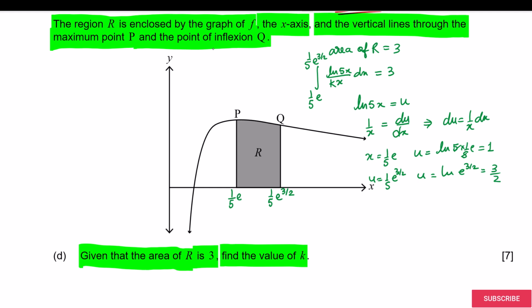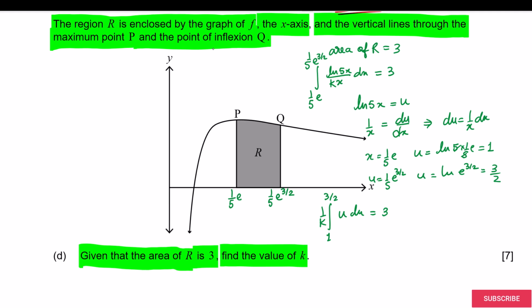So the complete integration becomes from 1 to 3 over 2, 1 over k, I will take it outside because it's a constant, and then after substitution you get u, and 1 over x dx is already du, so it becomes du. This is given as 3.